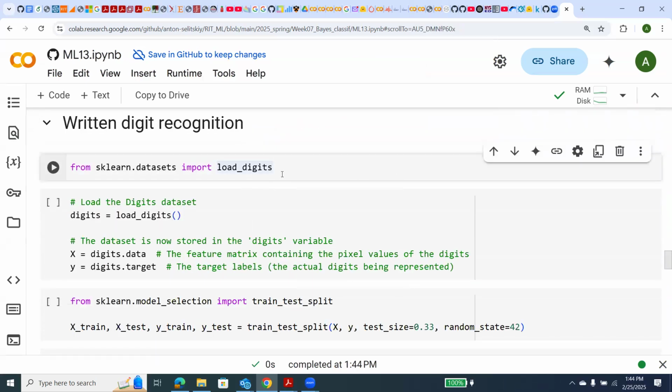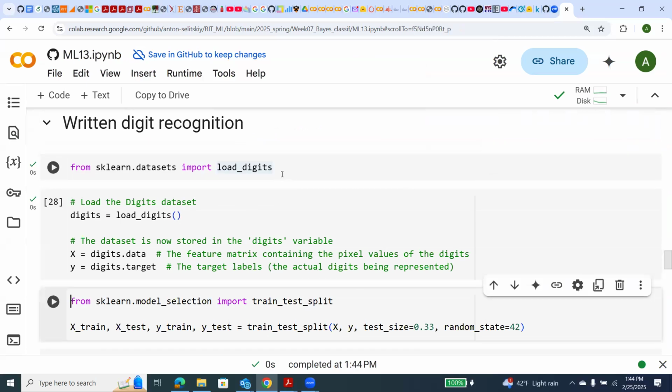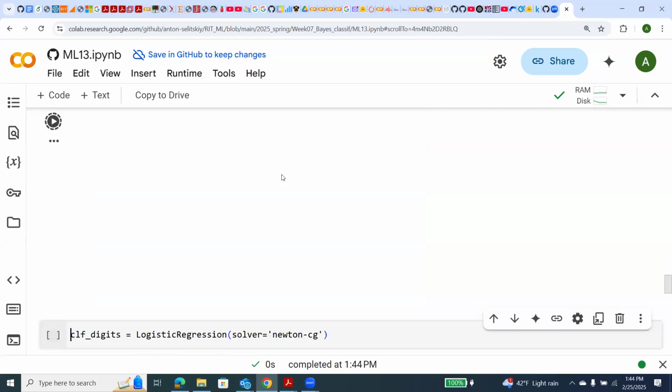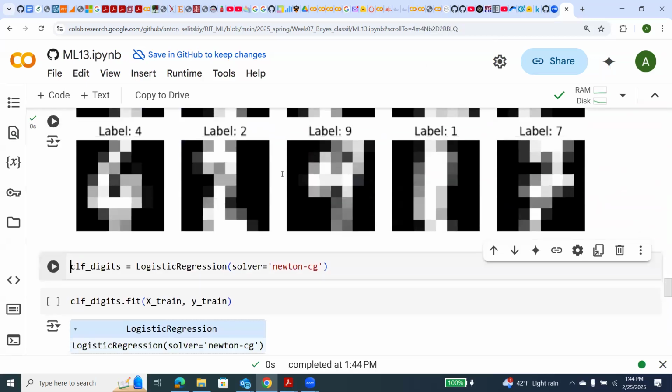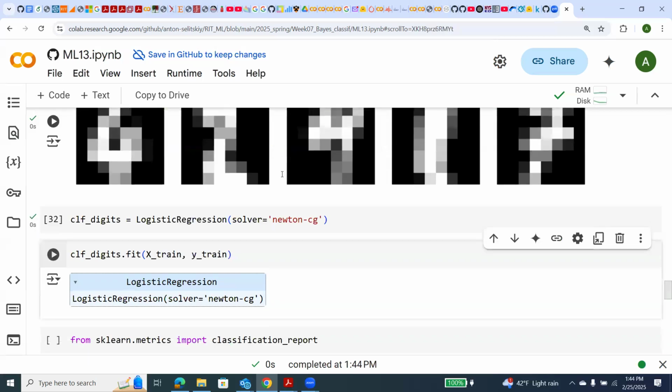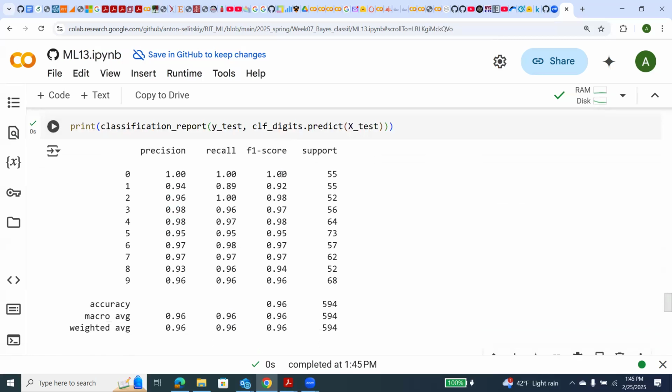And you can use this for handwritten digit recognition. So you can upload the data set MNIST, which has 8 by 8 images, and train logistic regression and get the accuracy.